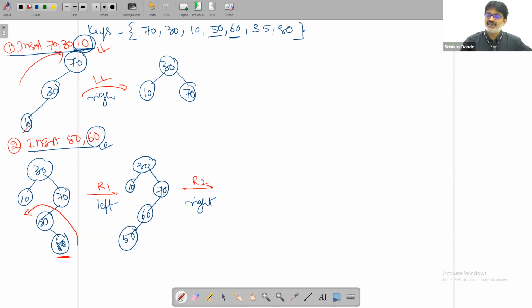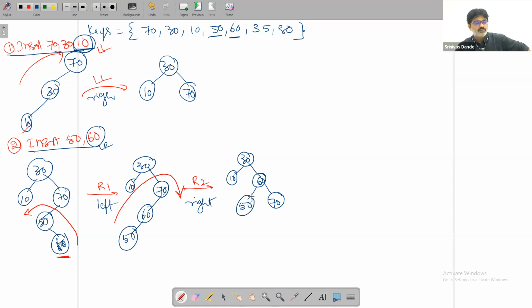So you do the right side like this. Now it becomes 30 here, 10 here only, 60, 70, and 50. Okay.